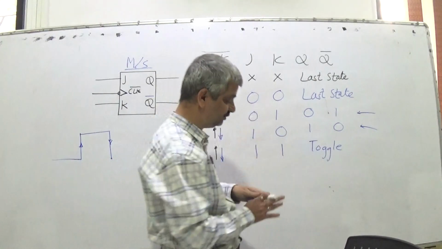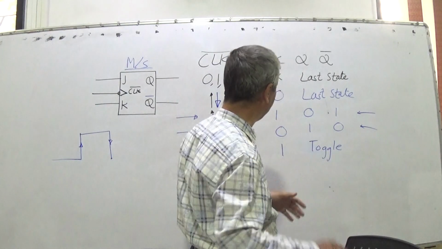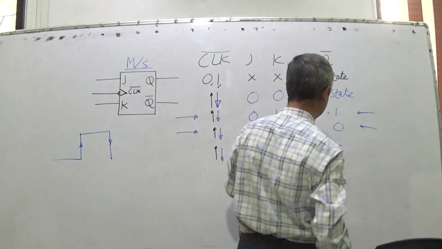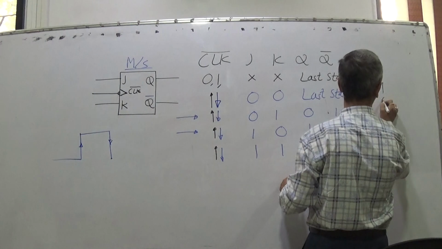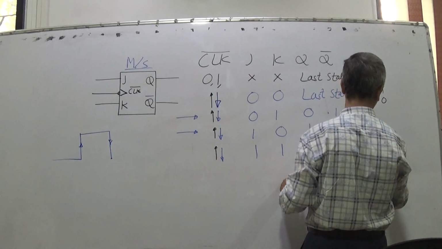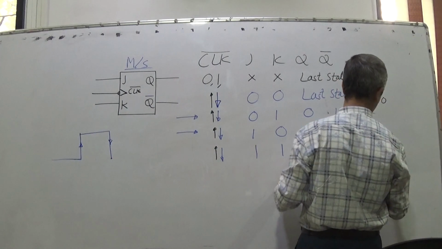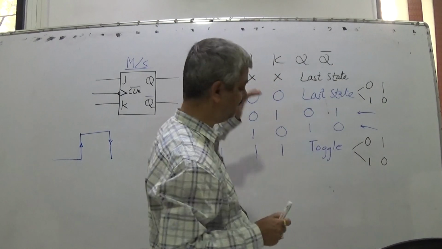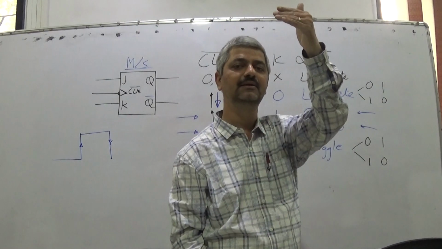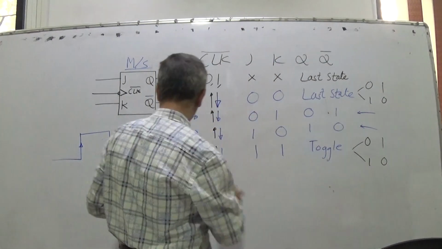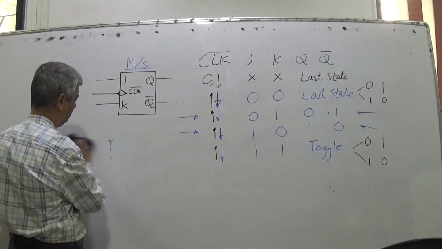For input 0, 0, last state means what? That's what I discussed earlier. Both outputs are possible. Here also both outputs are possible. Means if the last state was 0, 1... I will explain it in detail.